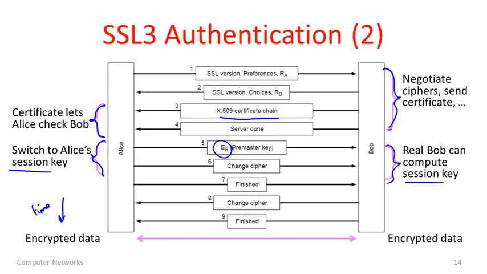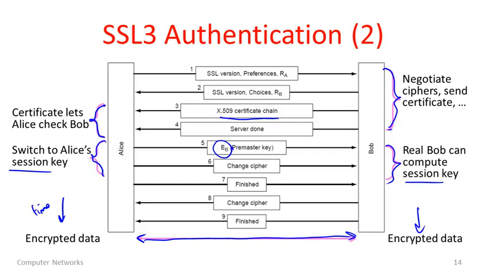If they can both understand the new messages, then everything's good. Alice has successfully authenticated to Bob, and they've set up an encrypted session, and down here you can see the encrypted data messages just flow back and forth between the two, now that we've set it up. And that's SSL version 3 authentication.